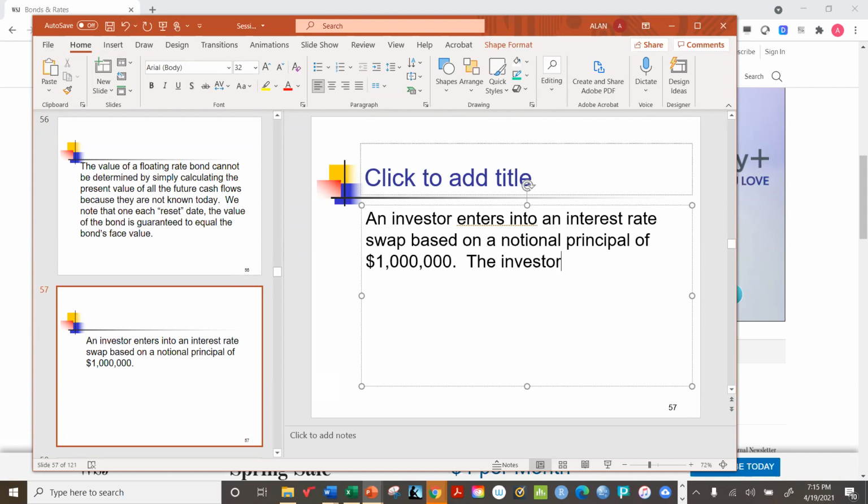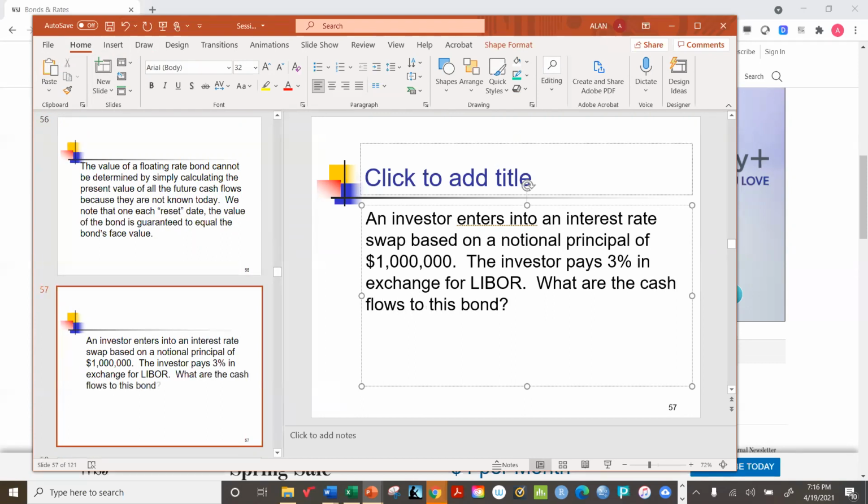The investor pays 3% in exchange for LIBOR. What are the cash flows to this swap?